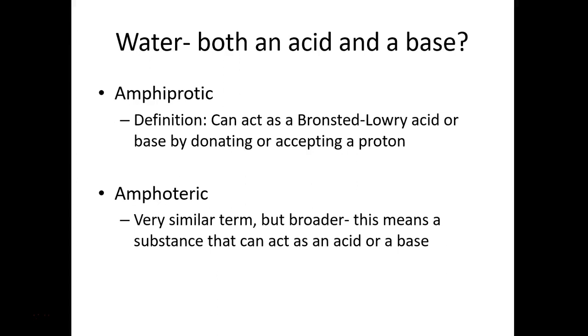That means a substance can act as an acid or a base. Not necessarily a Bronsted-Lowry acid or a base, but it could act as an Arrhenius acid or base, like the period 3 oxides of aluminum and silicon, like we talked about in Unit 2. All right, so amphiprotic refers specifically to Bronsted-Lowry, and amphoteric refers to just about everything.